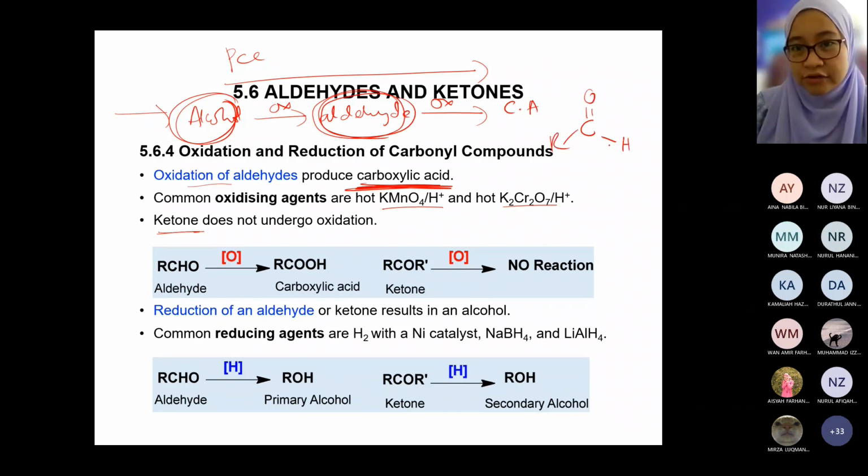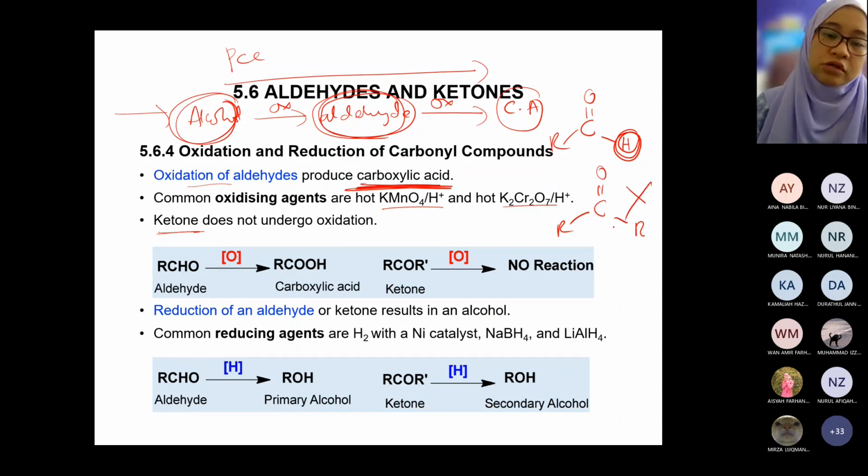Katalah R. So this hydrogen will be oxidized. So that's why aldehyde can be oxidized into carboxylic acid. But for ketone, we don't have hydrogen. There's no oxidizable hydrogen. That's why ketone cannot undergo oxidation. Okay, alright, so aldehyde can be oxidized into carboxylic acid, but ketone cannot undergo oxidation. Therefore, there will be no product formed.